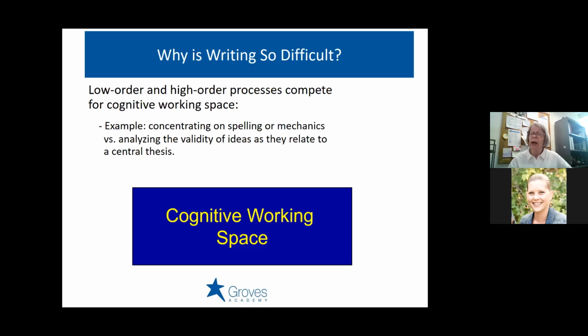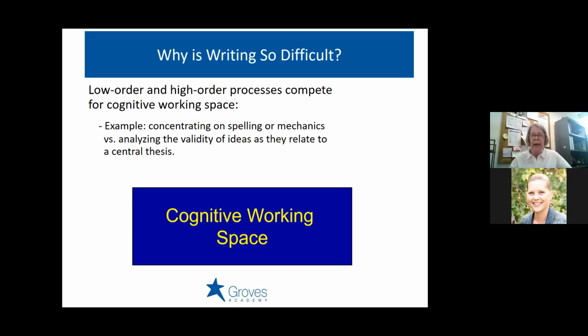And then you also have to have a topic and sometimes a thesis, and you've got to put things in sentences that relate to your topic. So you've got a kind of tug of rope going on between thinking about spelling and mechanics versus thinking about the ideas you want to express. And it will work out as long as you've got a sort of balance.